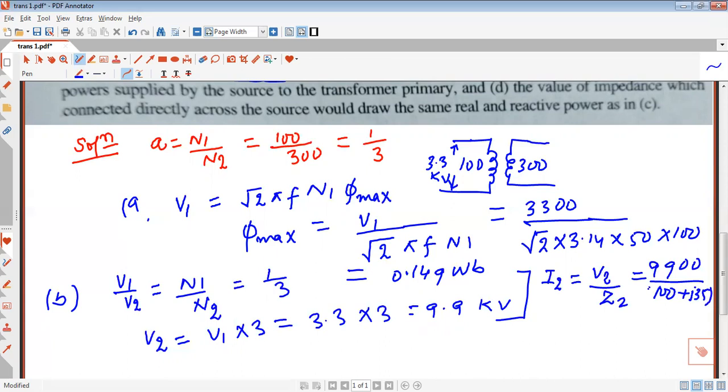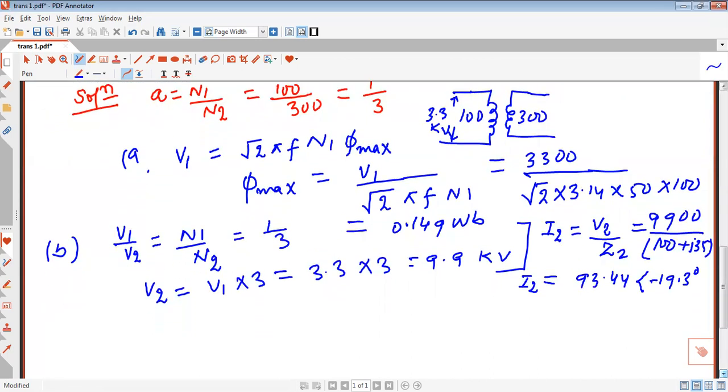Once we solve this relation, we get 93.44 with an angle of minus 19.3 degree. So I2 is now calculated. This is our secondary current, or we can say our load current. Its magnitude is this much and the angle is 19.3 degree, meaning our current is lagging the voltage by 19.3 degree.